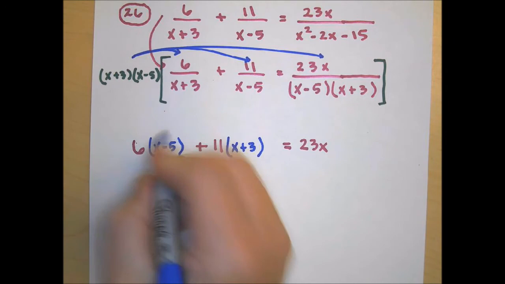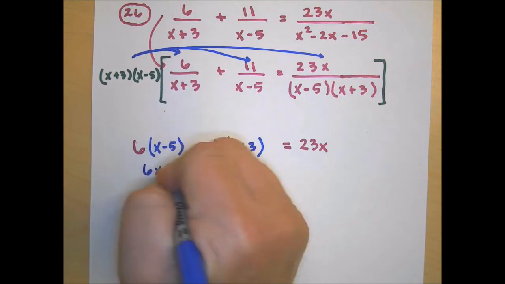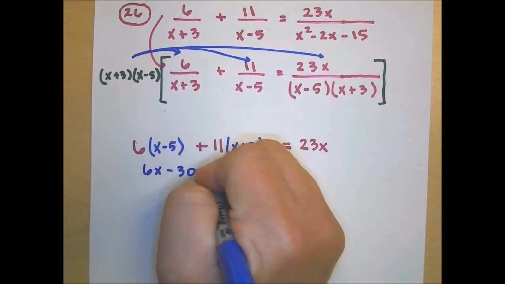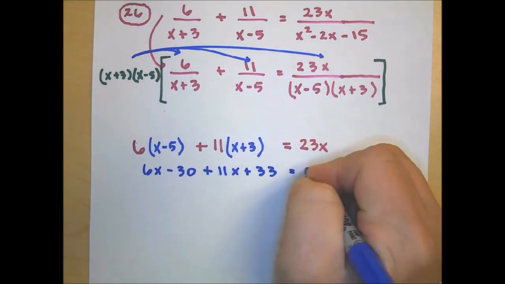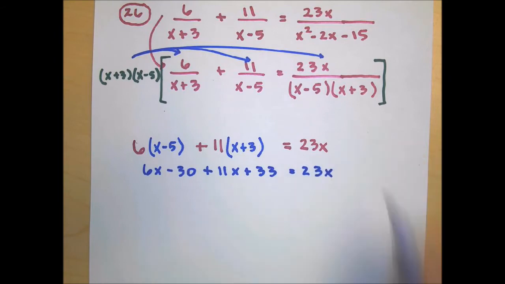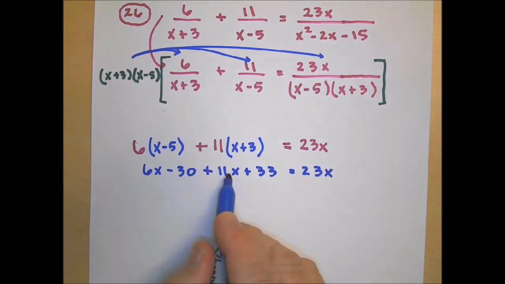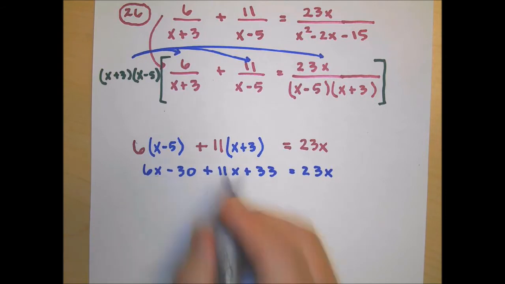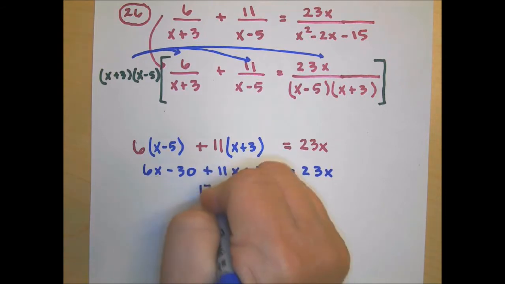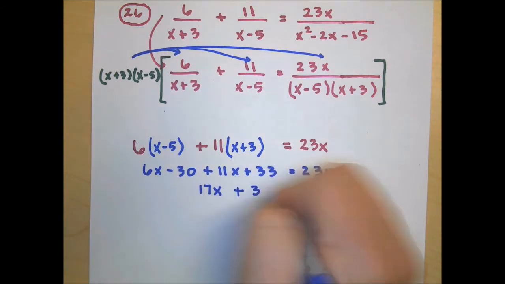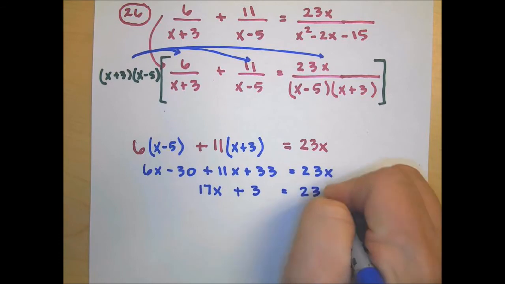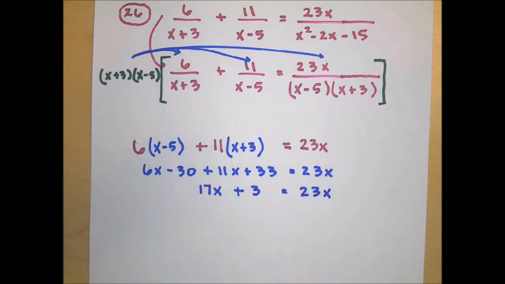So 6 times x would be 6x minus 30 plus 11x plus 33 equals 23x. On the left-hand side, I'm going to clean up by combining like terms. 6x plus 11x is 17x. Negative 30 plus 33 would be plus 3 equals 23x. Almost there. I think it's a two-step algebra problem at this point.